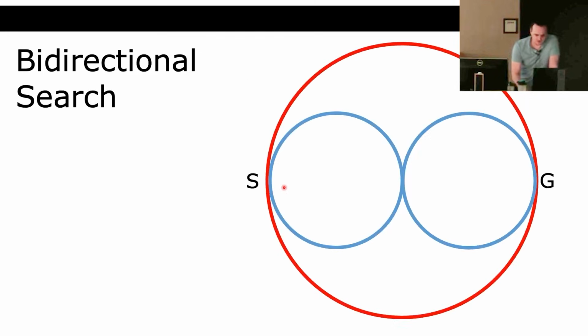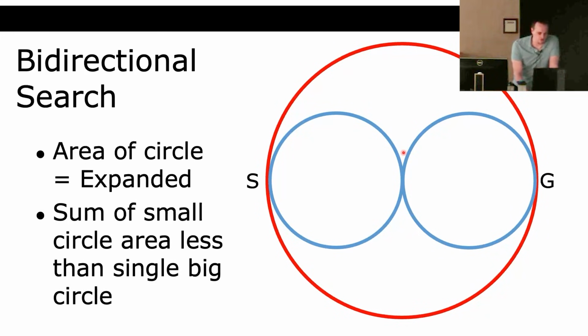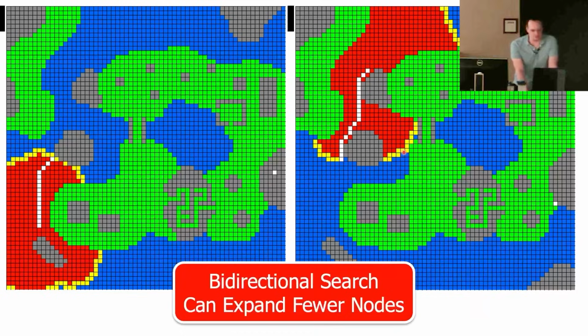If we had this instead, this circle is what unidirectional search would expand, versus ideally, these two circles is what bidirectional search would expand. Okay? So the area of the circle is the expansion, so the sum of the small circle areas is less than the big one. In practice, it's kind of hard to get this performance, but bidirectional search can expand fewer nodes than unidirectional search.